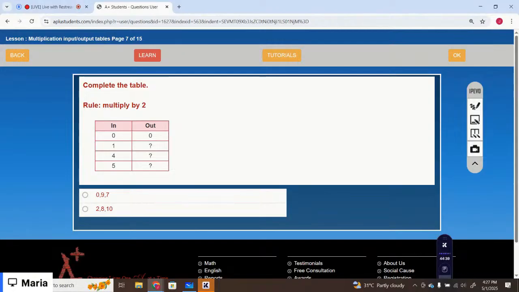That is 0 multiplied by 2. So that is 2, 8, and 10. Option number 2 is the correct option.